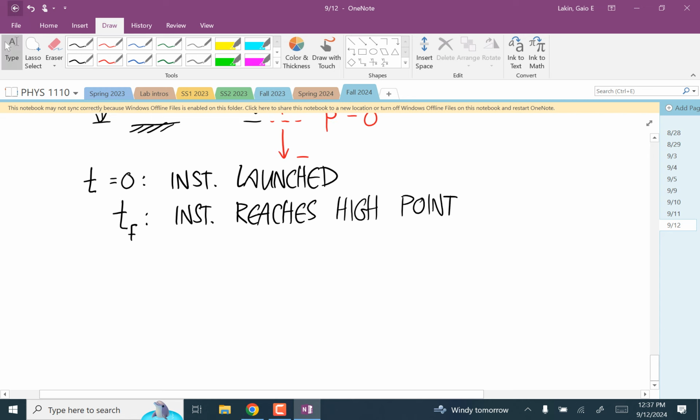And now we can list out what we know and what we want. Do we know how long it takes to get to the highest point? No. Do we know the acceleration? Yeah, in free fall problems and projectile motion problems, we always know it's downwards at 9.81.